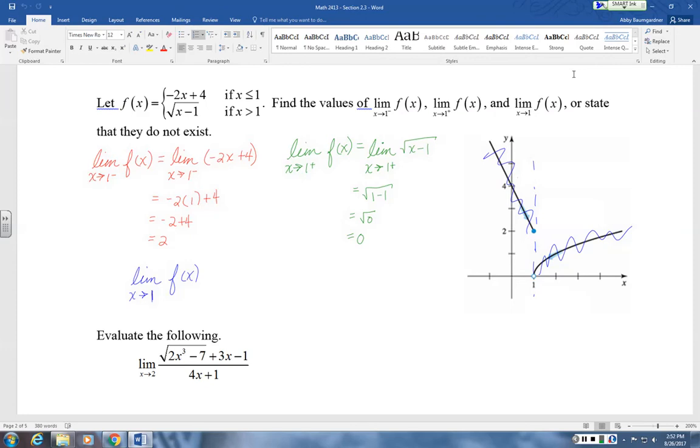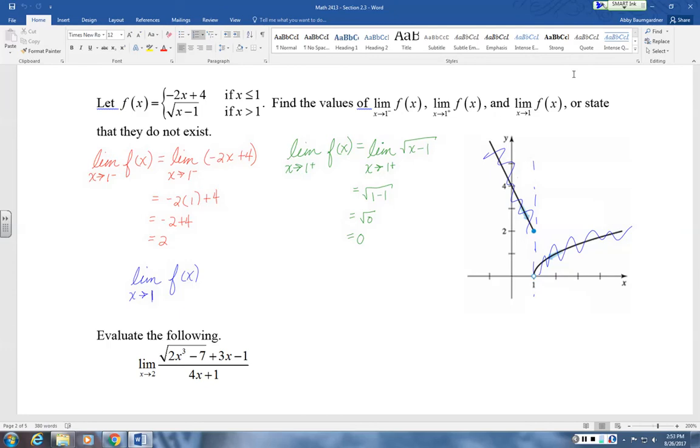Because they're not using the same equation, then when we write our two-sided limits, most of the time, 99% of the time, we're going to have to write just f of x there. We won't actually decide which function to use because we can't. Half the time you're using one, the other half you're using another.